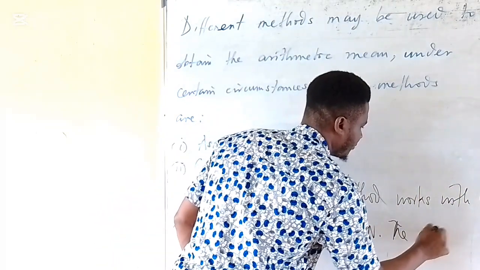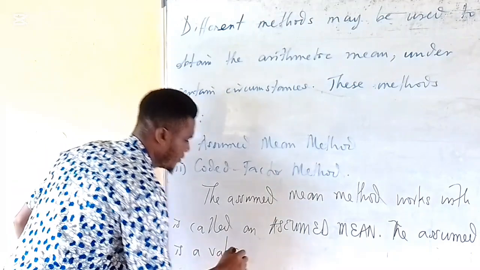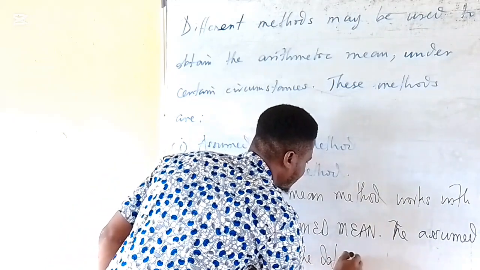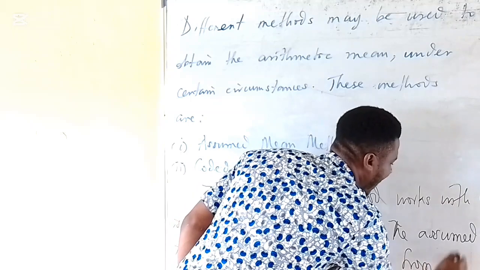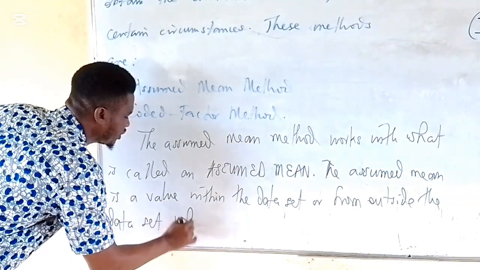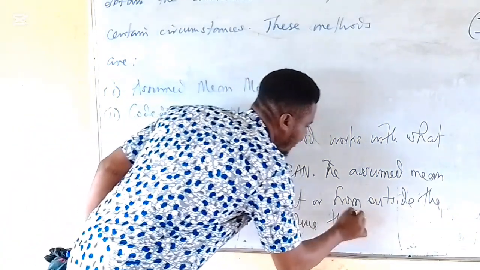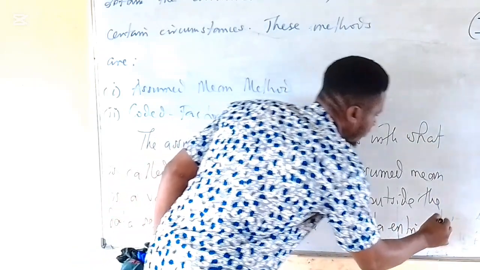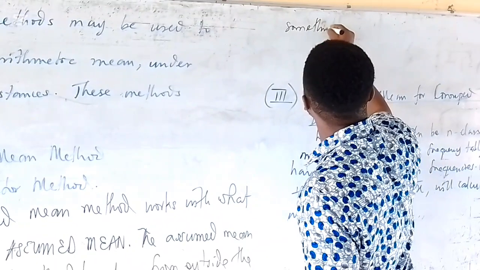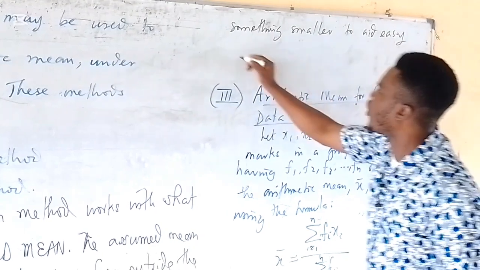The assumed mean is a value within the data set, or from outside the data set, which helps to reduce the data entries to something smaller, to aid easy computation.